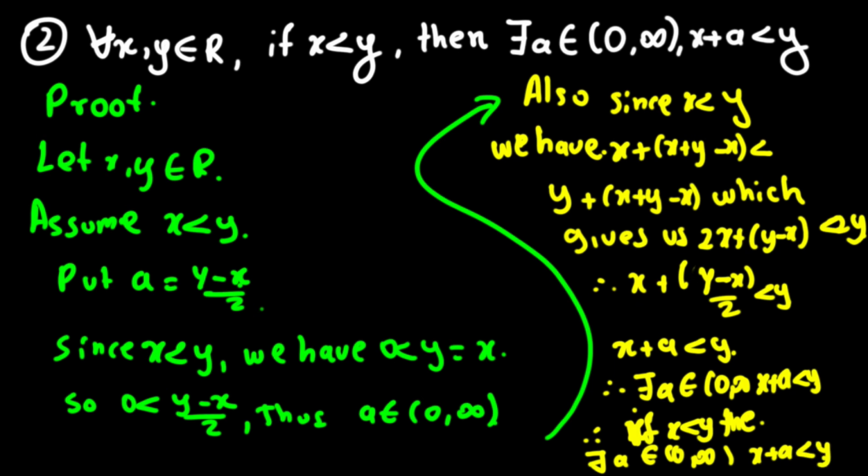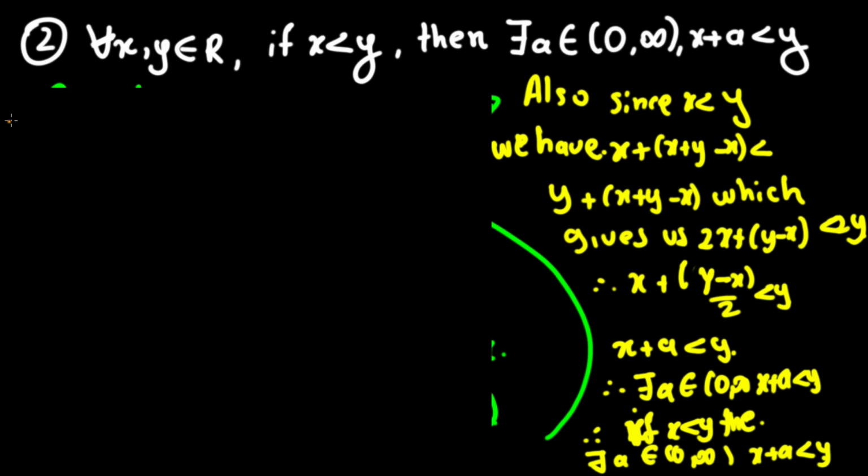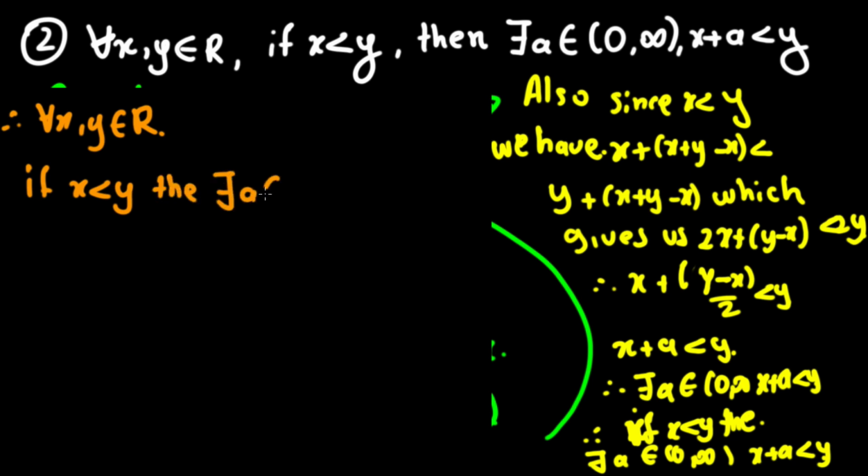So finally we derived this. Let's get rid of this one. So finally we proved: for all x, y belongs to the real numbers, if x is less than y, then there exists an a belongs to (0, infinity) such that x plus a is less than y. And that's how we do that.